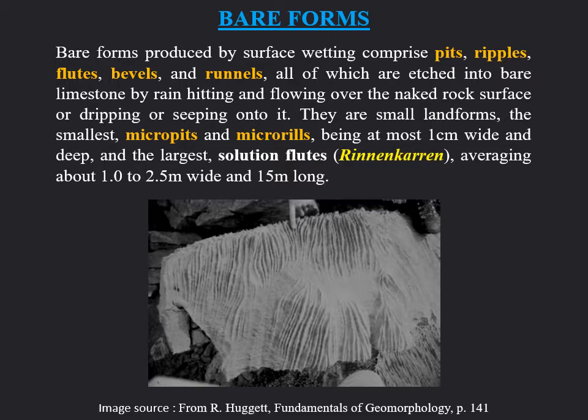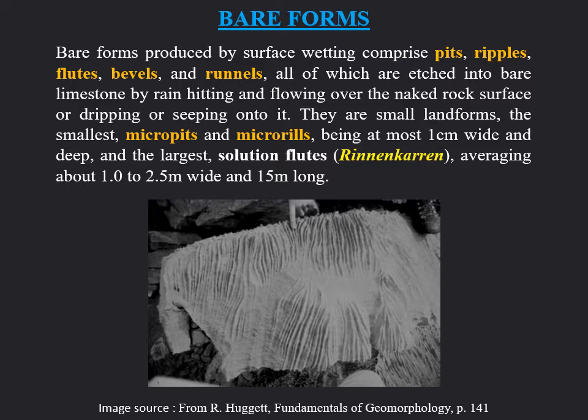Now coming to the karst landforms, or different kinds of landscapes produced by the solution process, the karstification way. The first produced by karstification are the bare forms, that is those rocks which are exposed on the surface.